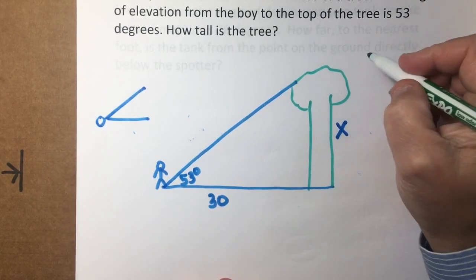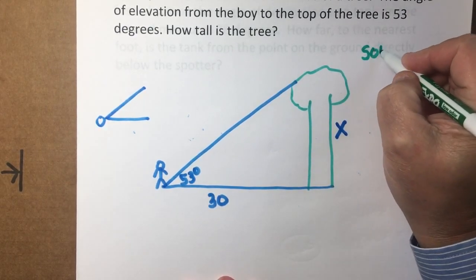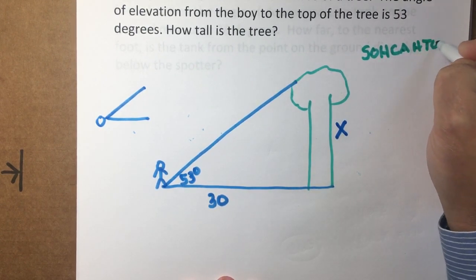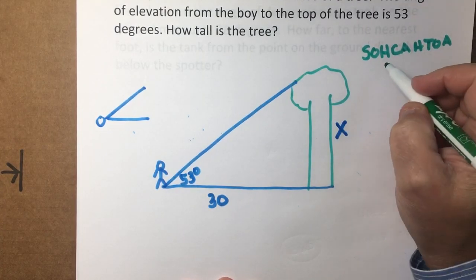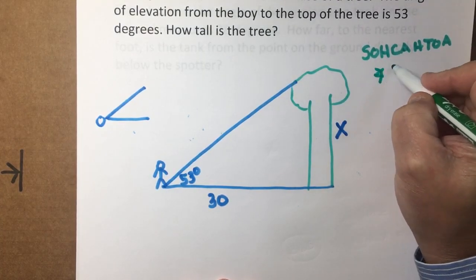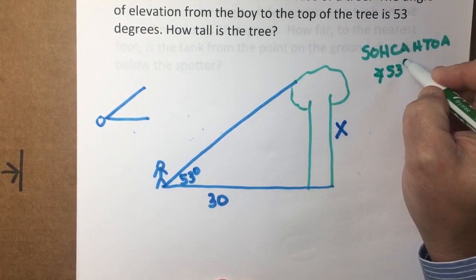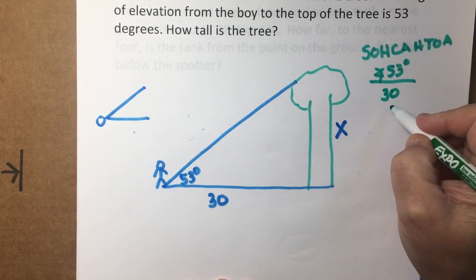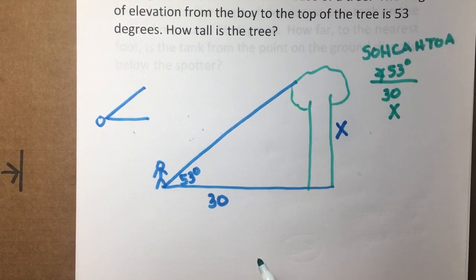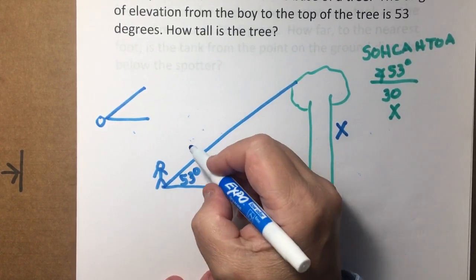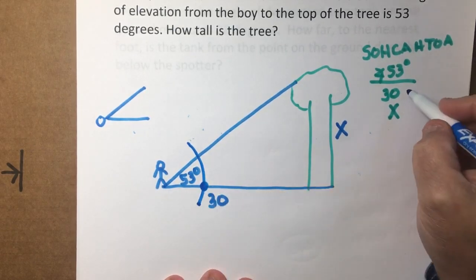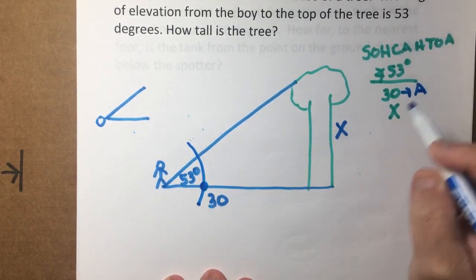So let's write our word SOHCAHTOA. And let's list our information. We have an angle of 53. We have a 30. And we have an X. Let's classify. If I'm standing here at the 53, the 30 touches. Therefore, the 30 is adjacent.